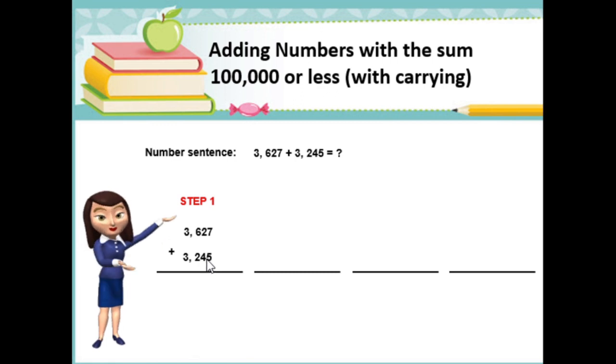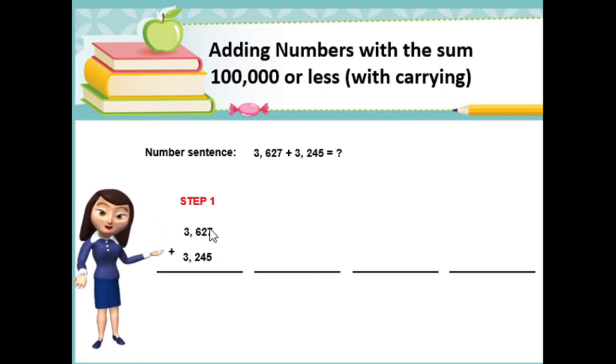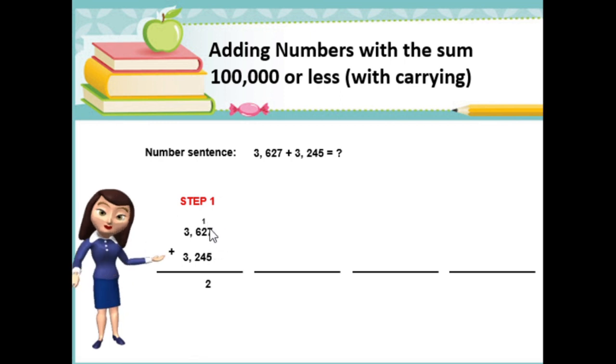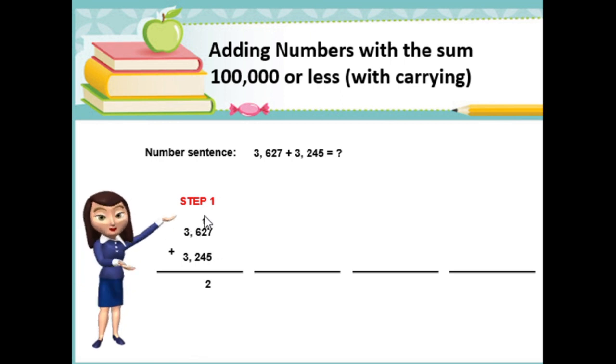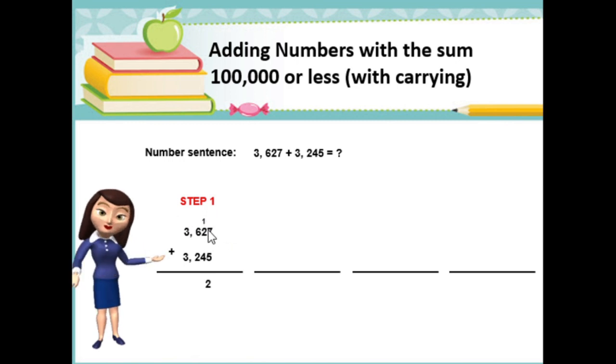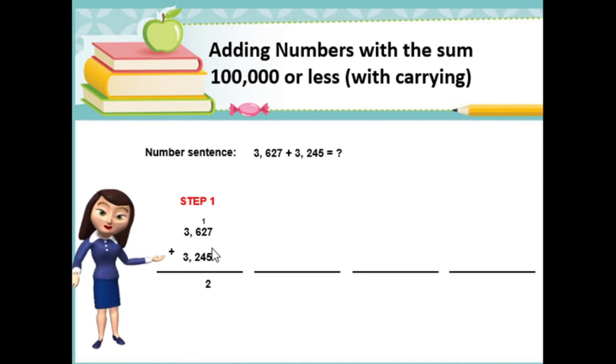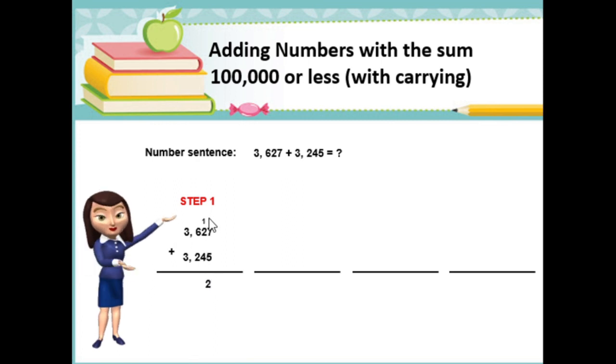Since 12 is a 2-digit number, we write down 2 and we write 1 on top of the next column. This is step 1. 1 here, you say carry because you move up the first digit of the sum. 7 plus 5 equals 12. Bring down 2, carry 1.